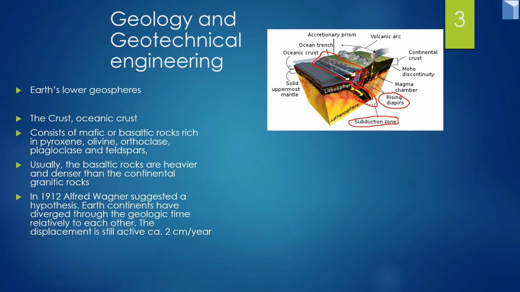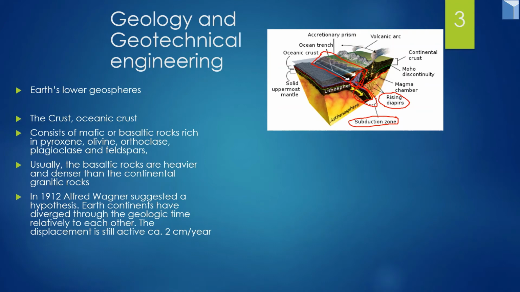In 1912, Alfred Wegener suggested a hypothesis that proposed that the earth's continents have diverged through geological time relative to each other, and this divergence also makes a convergence, which means that in some places they crash together, and in other places they move apart from each other.